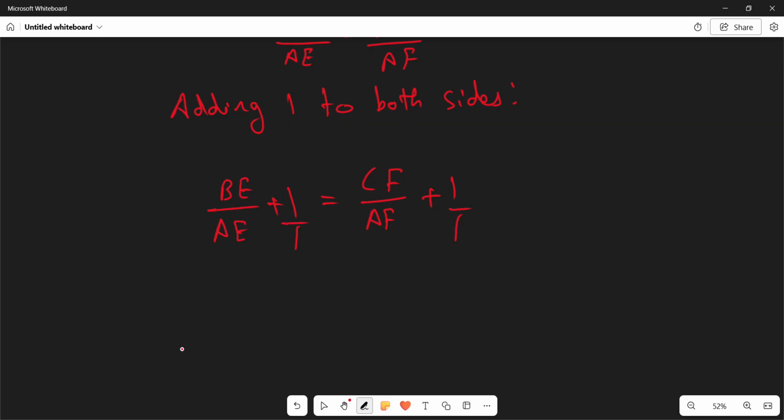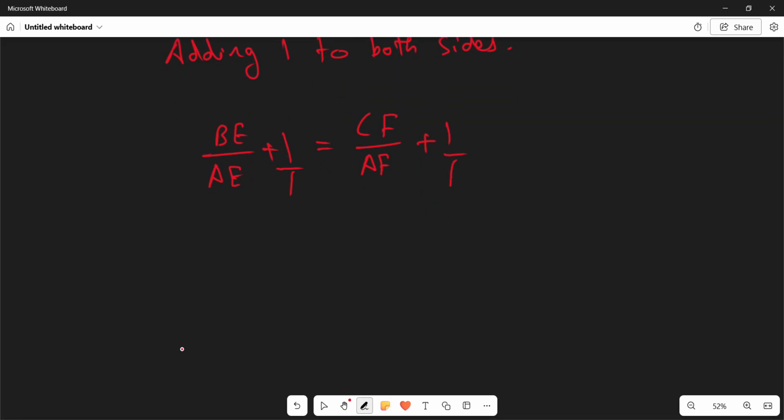The denominators are 1 only. Now taking the LCM is AE on the left side and AF on the right side. So the numerator becomes BE plus AE, and here the numerator will become CF plus AF.